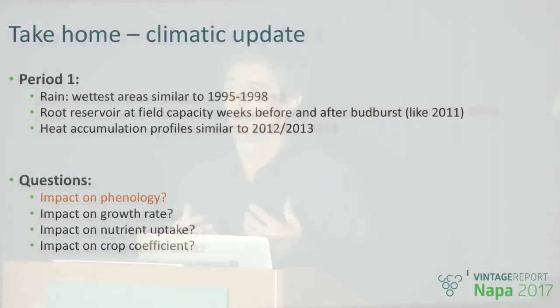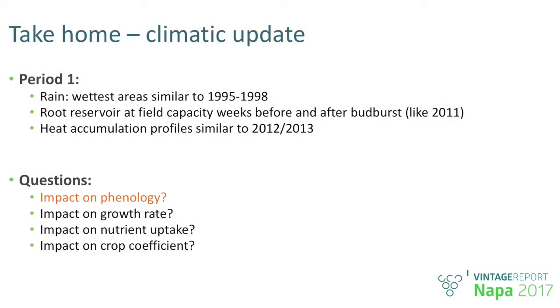So the 4 questions that we are going to try to solve during this talk are going to be, what does that mean in terms of initiating the next phenological stages? And in terms of plants, what does it mean in terms of enhancing the growth rate, enhancing the nutrient uptake rate, or setting up the total transpiring leaf area size, what we call the basal crop coefficient.